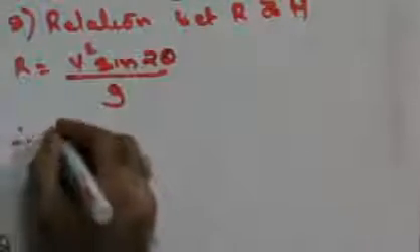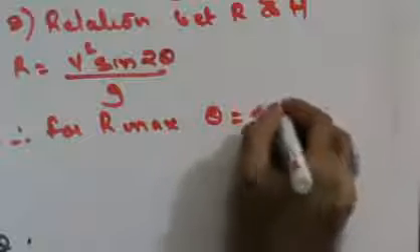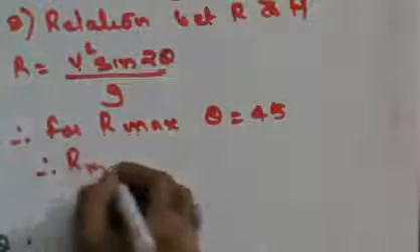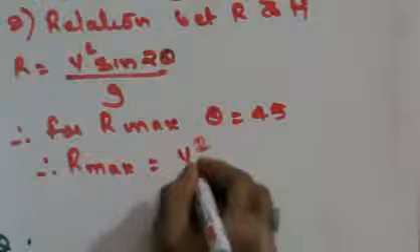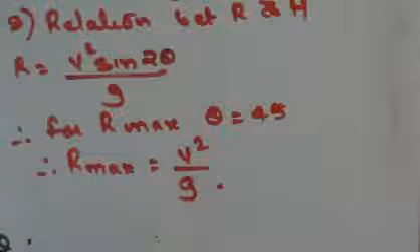Therefore, for R max, theta is going to be equal to 45 degrees. R max is v square upon g, because if theta is 45 degrees, sin 2 theta will be sin 90, and sin 90 is 1.